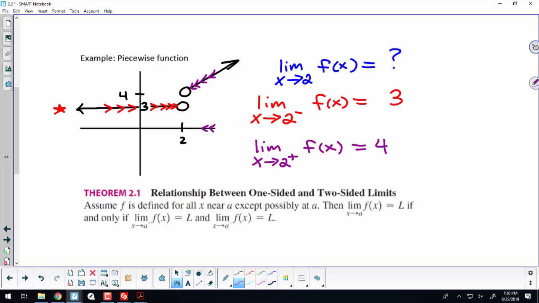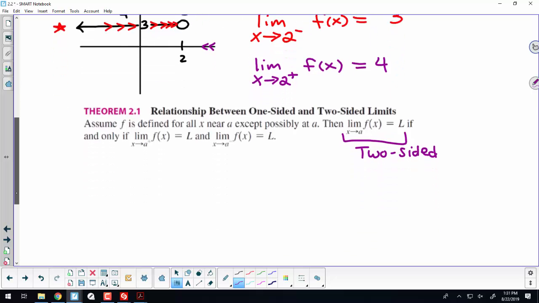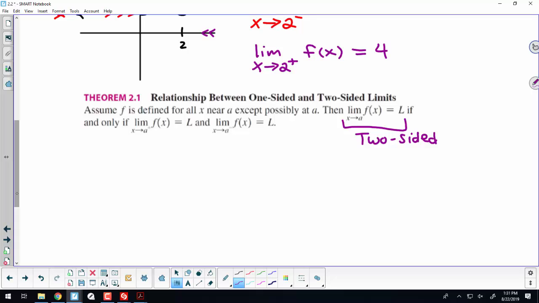So it says that if the two-sided limit as x approaches a exists and is equal to L, then what's happening is that we have, and again, I apologize for the type here, but it says the limit as x approaches a from the right is equal to L, and the limit as x approaches a from the left is also equal to L.